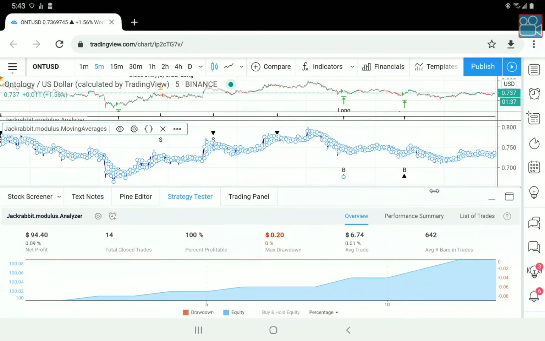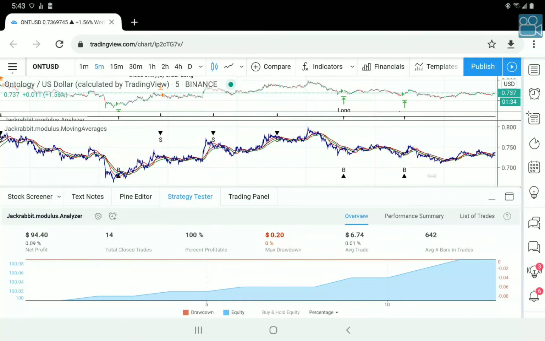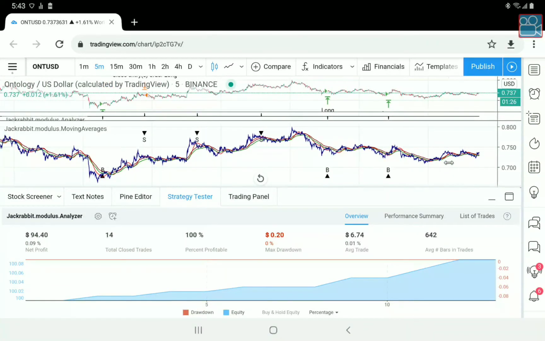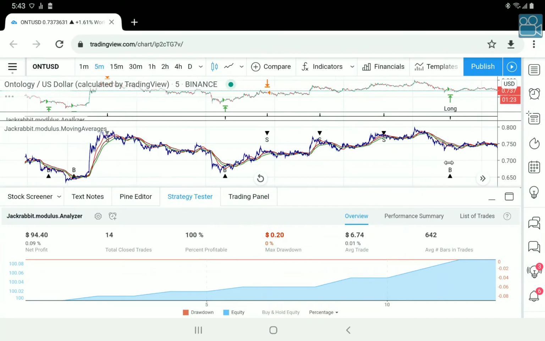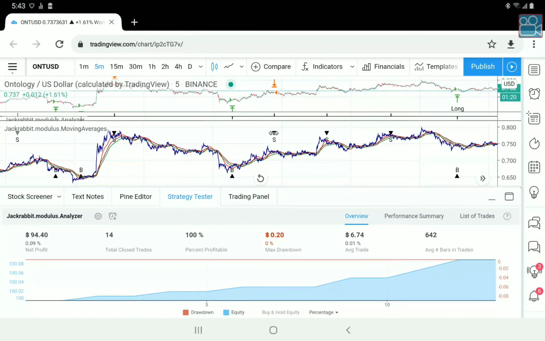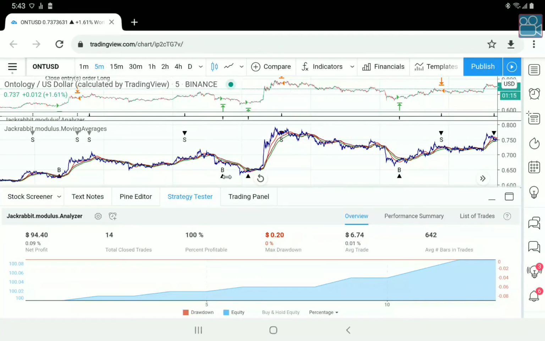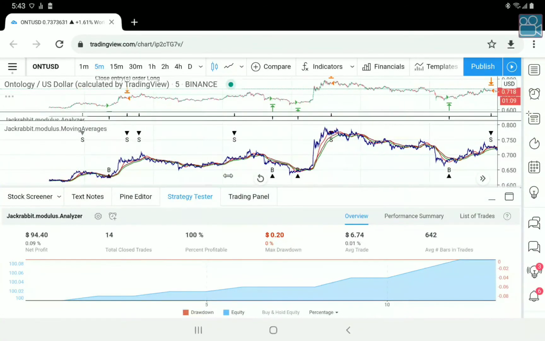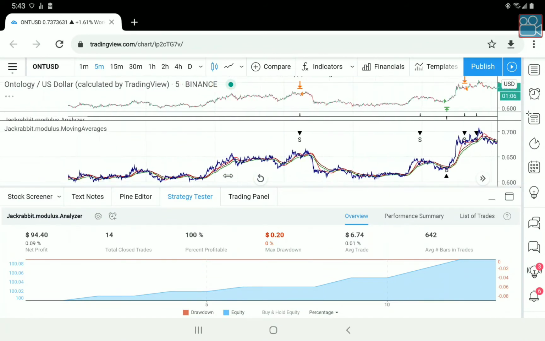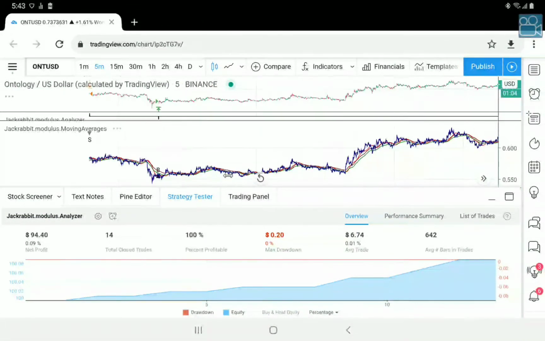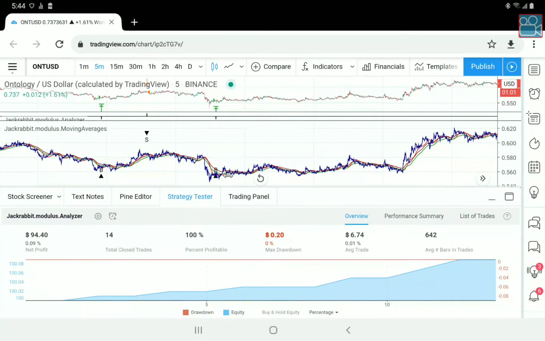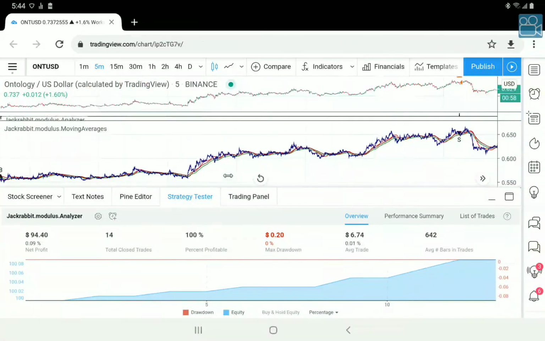So let's count signals. How many signals between buys and sells? Well, 1, 2. Okay, so we have a buy signal, sell signal. We have 2 buys and a sell. So this would be $200 position. Okay, this looks like a $100 position.